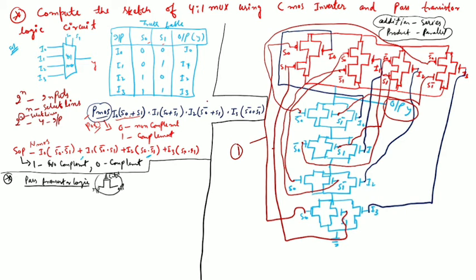So according to the truth table, this is the S0, and this is the S1. For the combination of this S0, the input is going to both the PMOS and NMOS gates. This S1 input is going to both the PMOS and NMOS gates. Similarly this I3 is also for both the PMOS and NMOS.